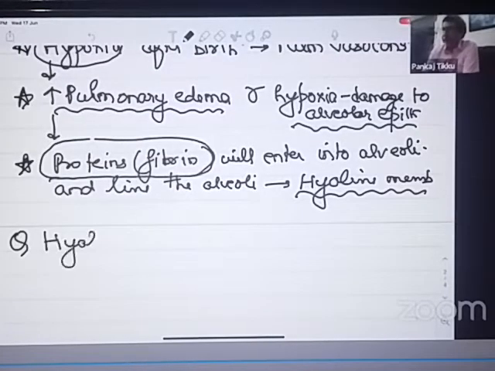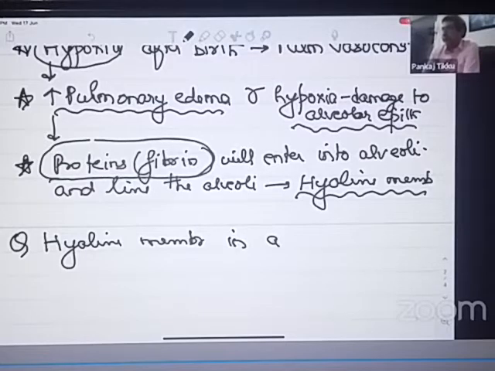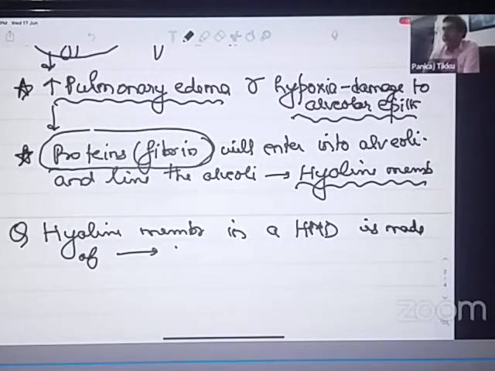The hyaline membrane in hyaline membrane disease is made up of which protein? Answer is fibrin. So what is this hyaline membrane made up of?